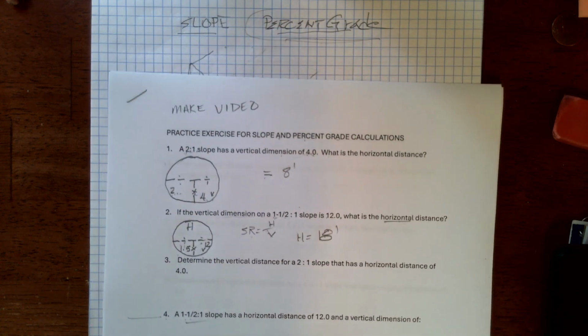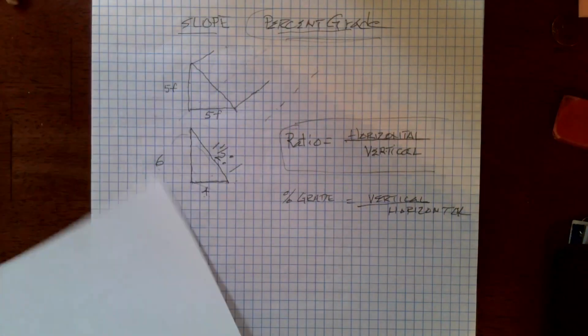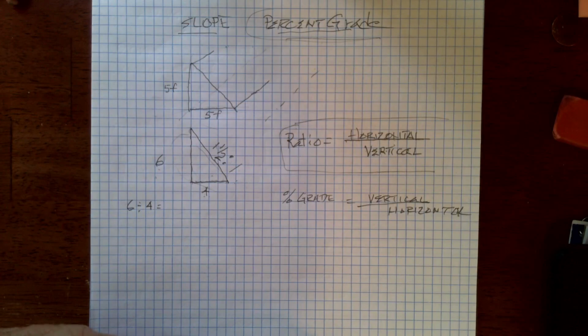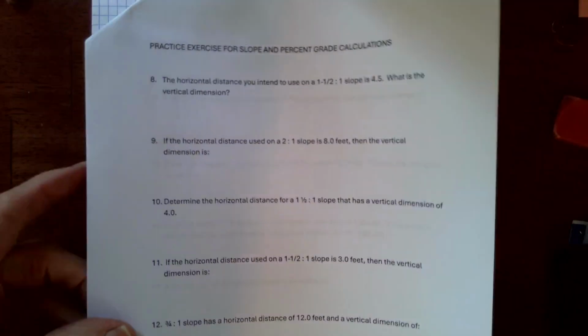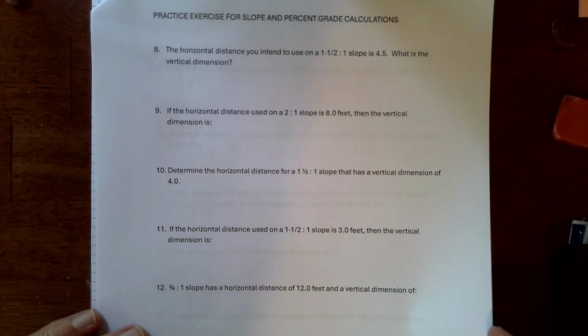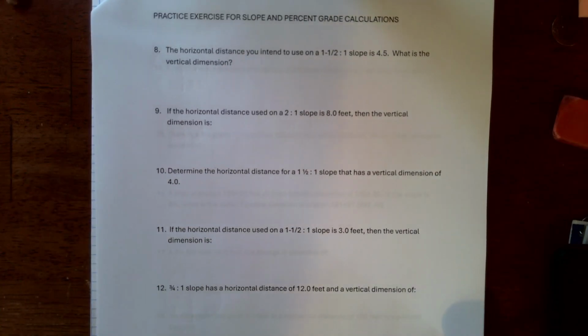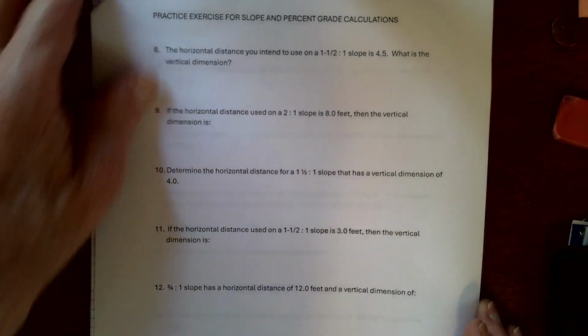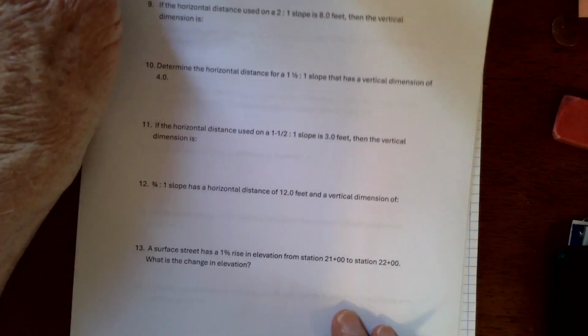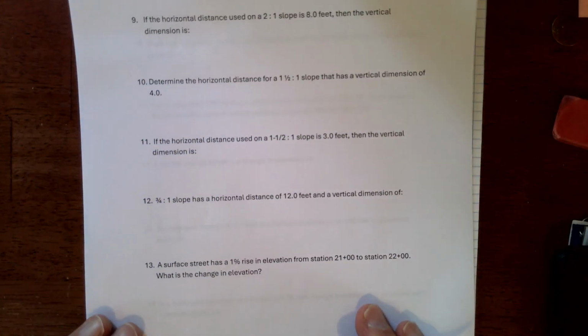I want to go a little bit further with you on this. Got a lot of slopes. Let's start with a simple 1% grade. These are down toward the bottom. I think I can get them on there.